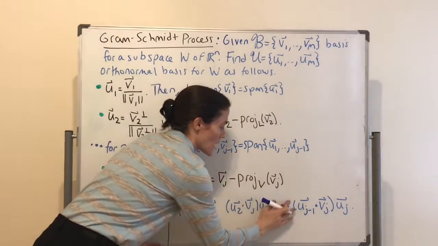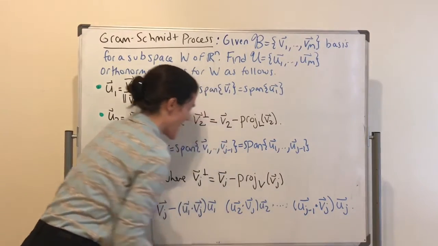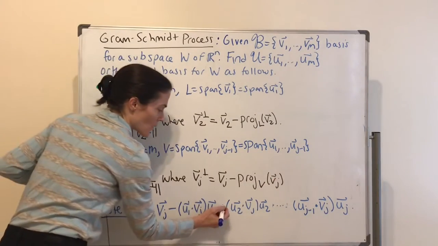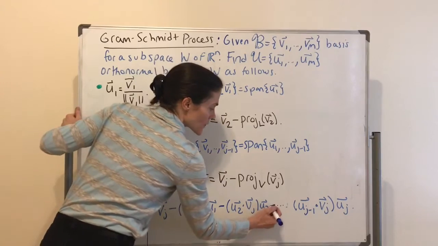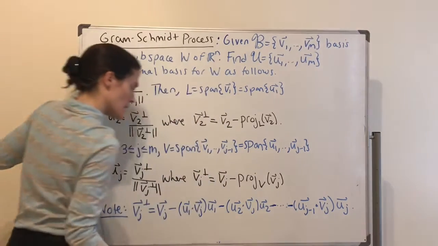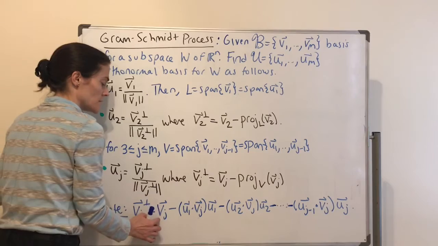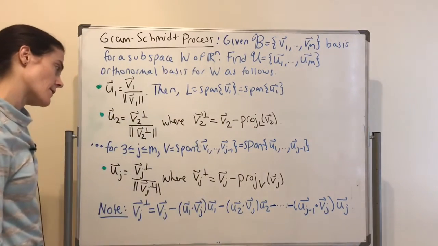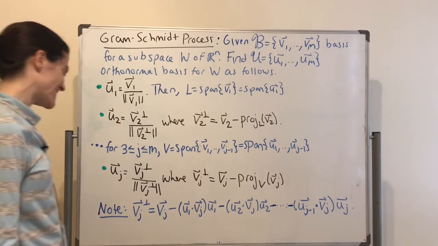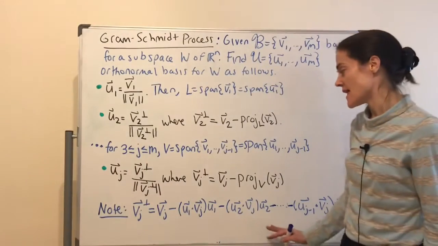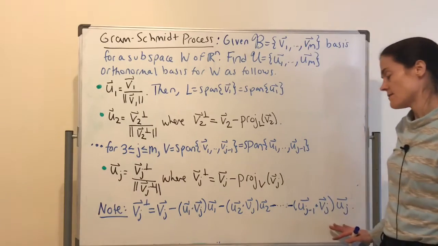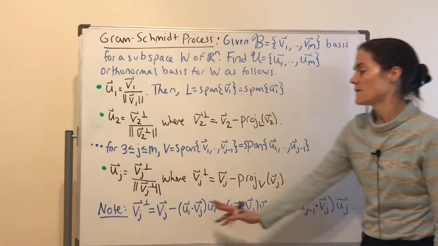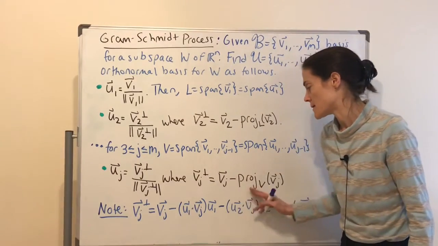I did it wrong. I was going to distribute my minus. I could either have it with a big parentheses, but I will distribute the minus so I don't have to worry about that again. So this is the formula where you take Vj minus the projection, and I distributed the minus. Now I think it's correct. This part is the negative of the projection, and this is Vj, so we have Vj minus the projection.